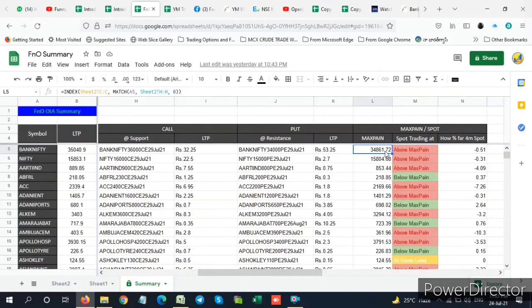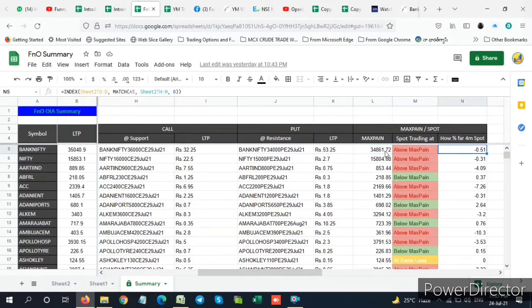So if it is above the max pain, it is going to come down, it's a bearish view for that one. And if it is below the max pain, it is going to reach max pain, it's a bullish scenario for that one, for who believes max pain. So here we are showing how far it is from spot.